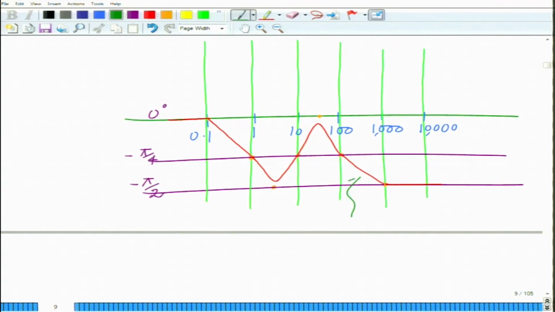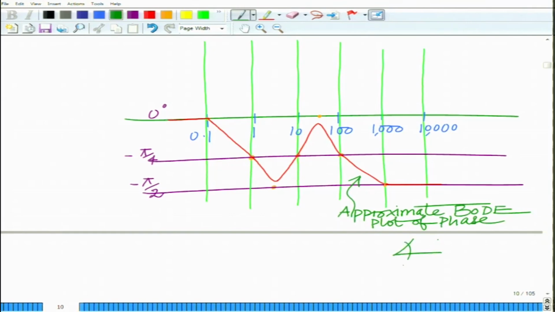Notice that it is not exact, because it is much more difficult to plot the phase; this is an approximate Bode plot of phase, that is, the angle of the transfer function. It starts from 0. Finally, you can see two things. One is when omega is very small, it is 0 degrees because it is just a constant.